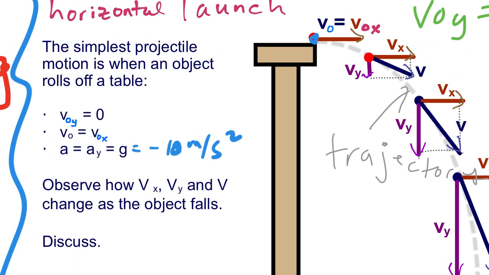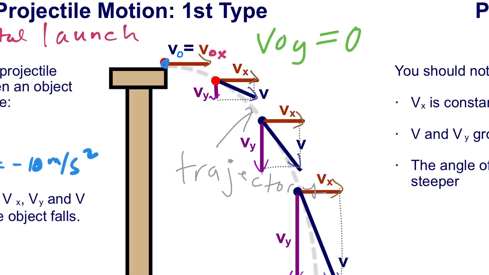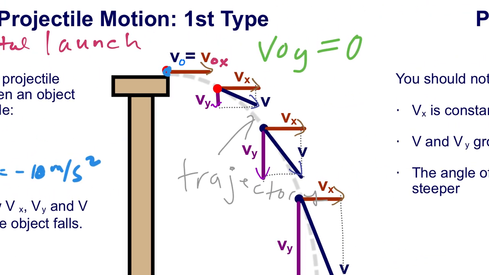Okay, how do Vx, Vy, and V change? The net velocity, how does that change with time? Vx stays the same.